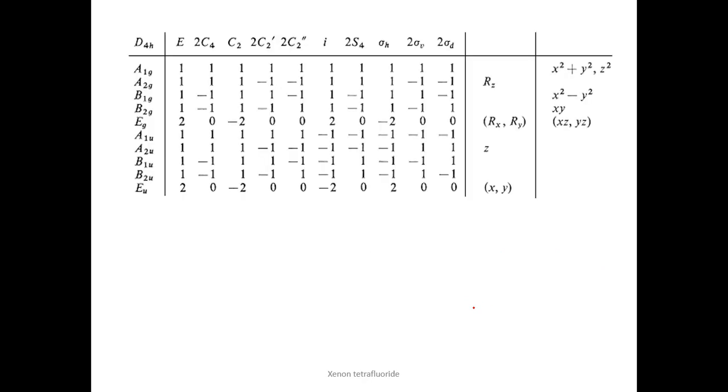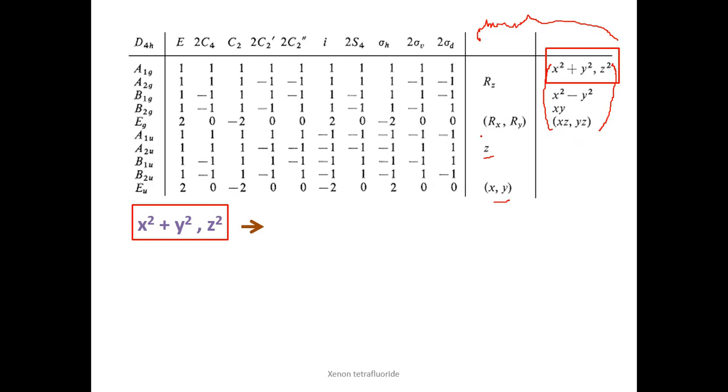Now this is the character table of D4h. You find the letters which are written here. Letters which are written here are most important. x, y, z represent the p orbitals. These quadratic terms, x squared minus y squared, xy, xz, yz, etc. represent the d orbitals, and these are the rotation vectors.